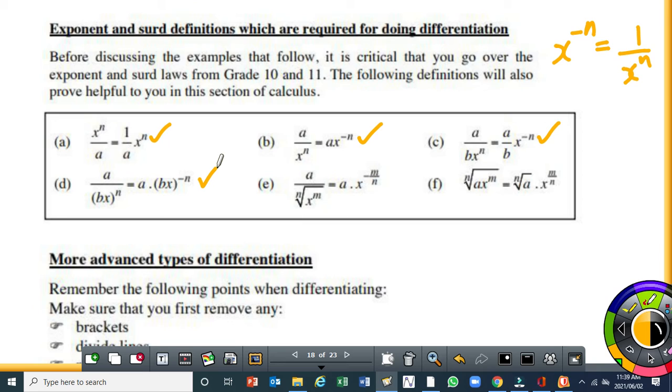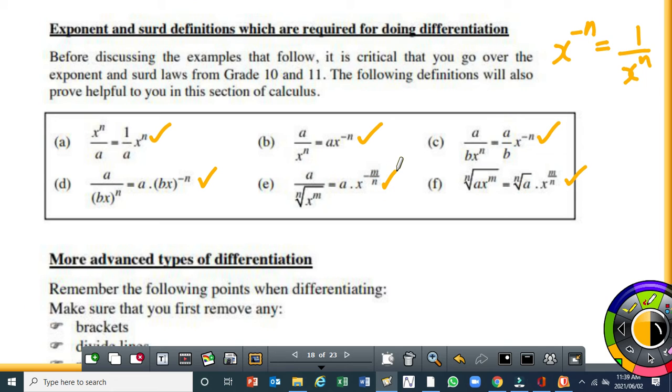Then when it comes to the square roots, you should remember that if you are given the nth root of x to the power of m, that can be written as x to the power of m over n, where m is the numerator of the rational exponent, and n is the denominator of the rational exponent. And then this one and that one have some relationship.